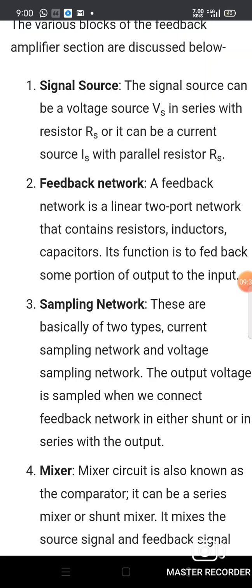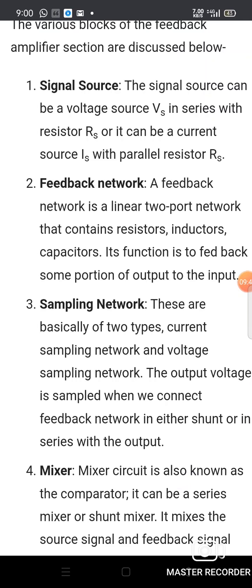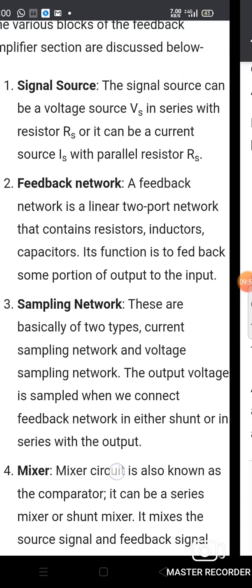So that is equal to Vd, right? So these are the block diagram, each block's functions considered here for the feedback amplifier operations. That is the block diagram representation, right?